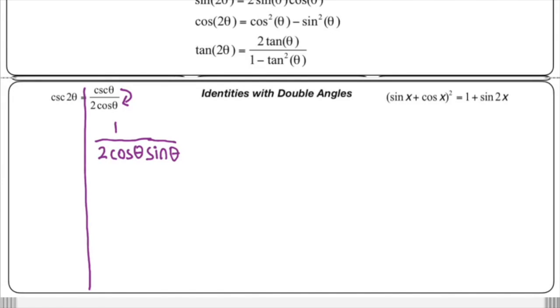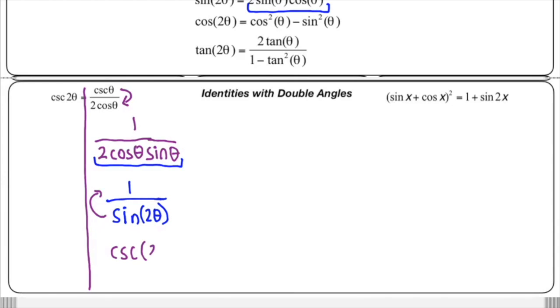Okay, and it looks like this guy right here is an identity that we can see up here, and that is actually going to get replaced with sine 2 theta, and then once we have it all collapsed down, we can put it back up here, take the reciprocal, so that's going to be the cosecant of 2 theta. And it looks like that worked out pretty nicely.